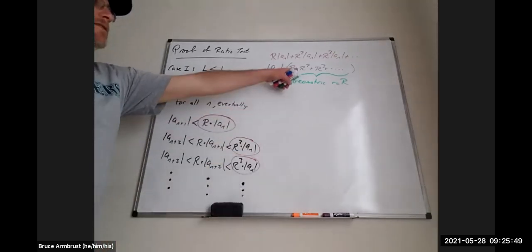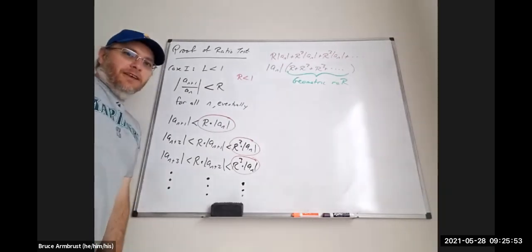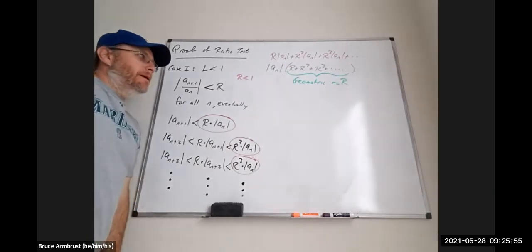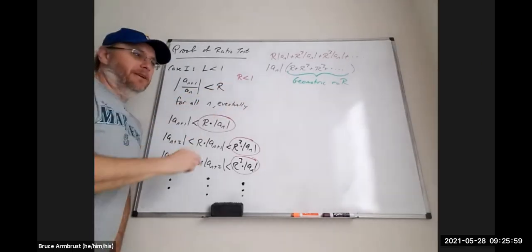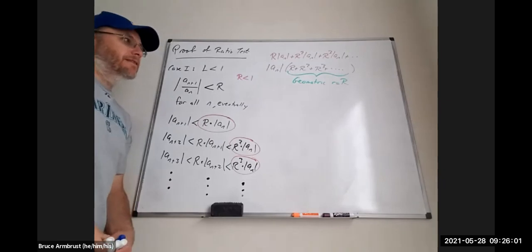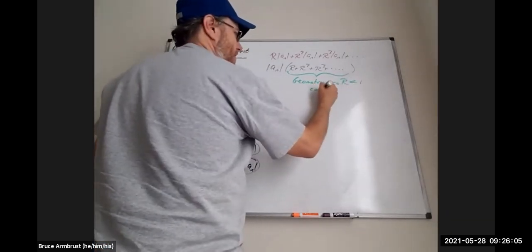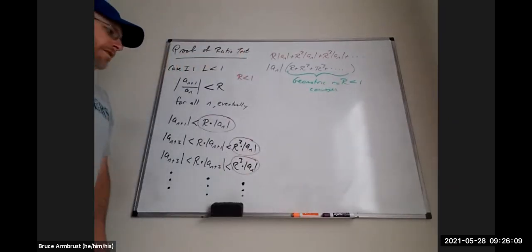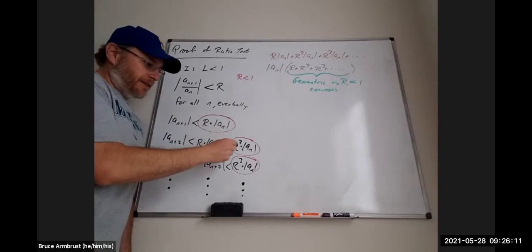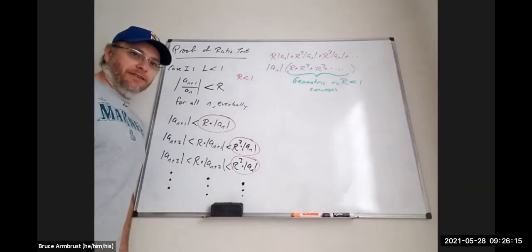So this converges if r is less than 1. But we already know r is less than 1 because of how we constructed this. So r is less than 1, which means that it converges. So if I were to take all of these things and add them up, I'm going to get a convergent series.